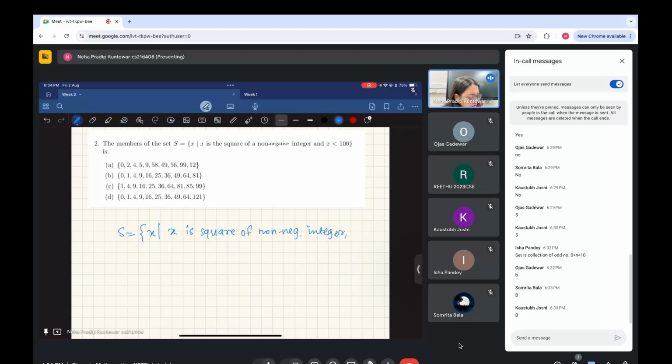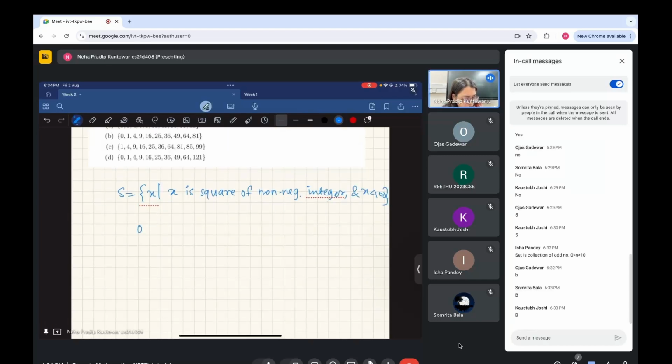Okay, so let's enumerate this one by one. So let's look at 0 square. 0 square is 0, so 0 must belong to the set S. Then 1 square is 1, so 1 must belong to the set S. Then you have 2 square is 4, so 4 must belong to the set S, and you keep on going.